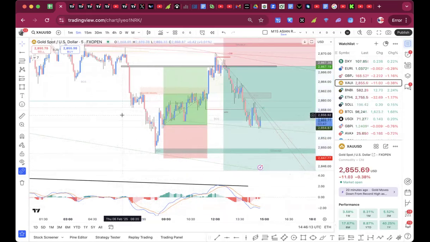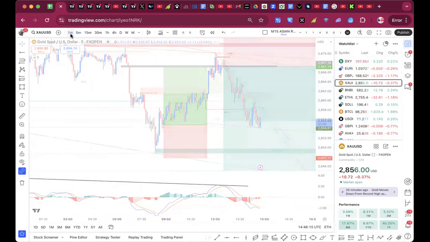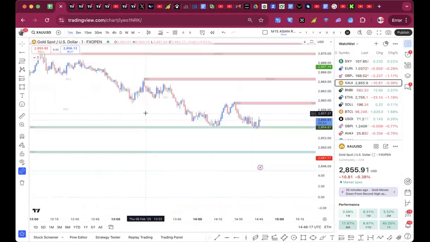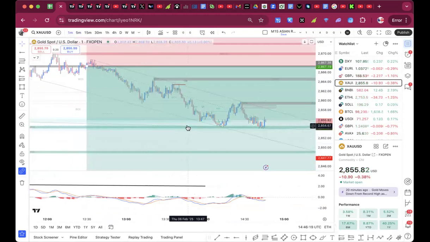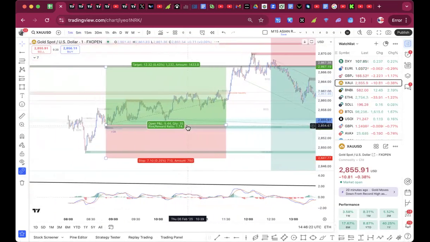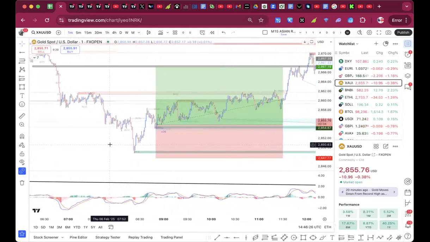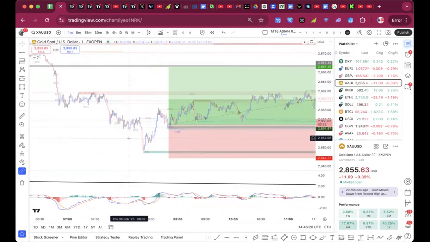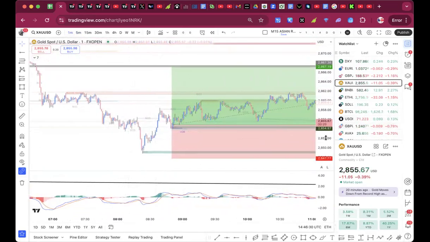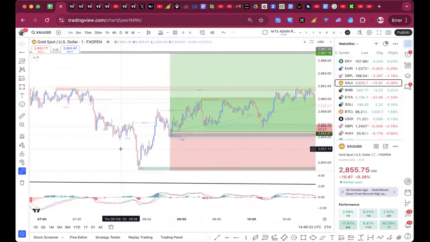And you can now see, if you go to 1 minute, you probably will see the structure faster. Good. This is 1 minute. Here we go. So it's still almost the same, but on your 1 minute, you have found an entry perhaps here, right? This is the high that created this low.